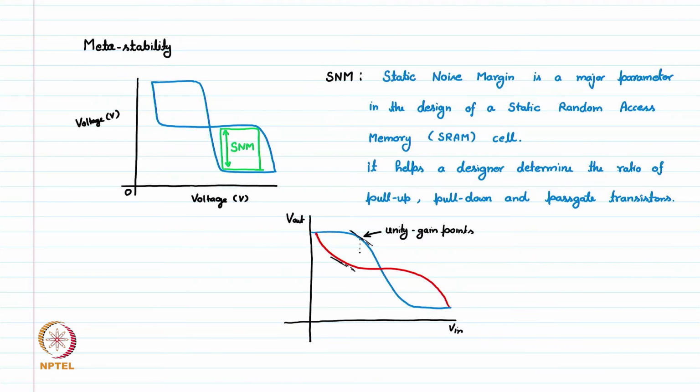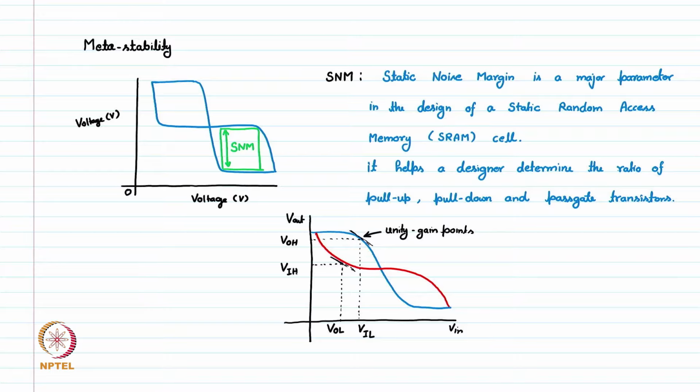and this value at the input is called VIL, and this value at the output side is called VOH or V output high, and for the other graph the same, this value is called VOL, and this value is called VIH.